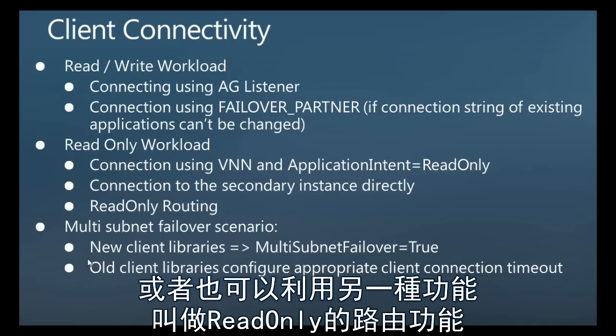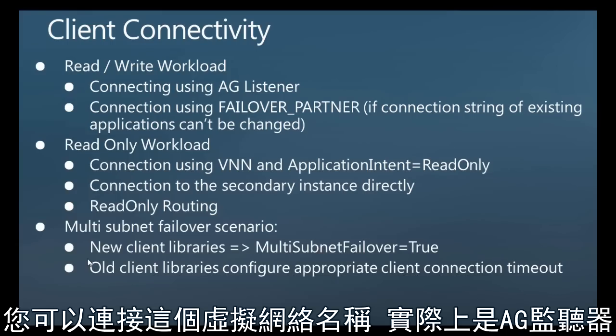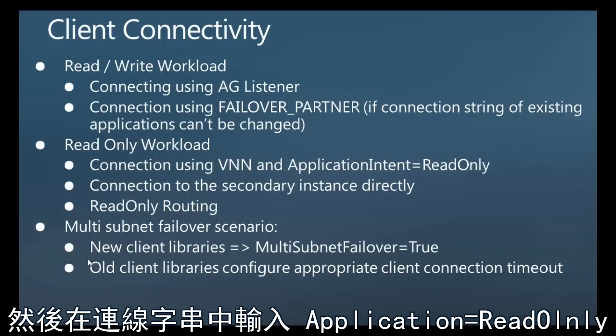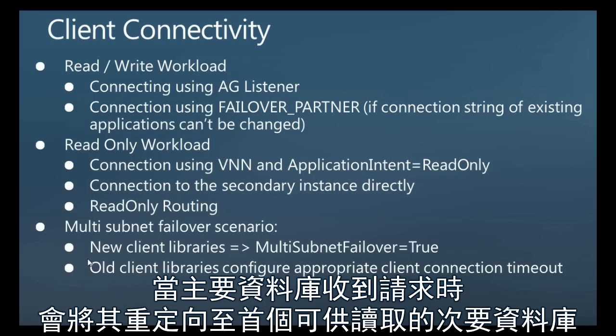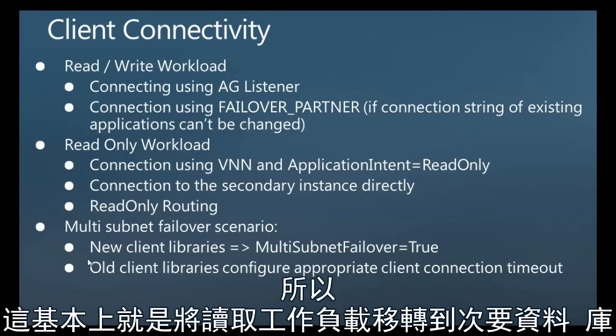Or you can leverage another feature called the read-only routing feature. You can connect through the virtual network name, the AG listener actually, and put application intent equals read-only in the connection string. When the primary gets this request, it will redirect it to the first available readable secondary. So basically you offload your read workloads to your secondaries.